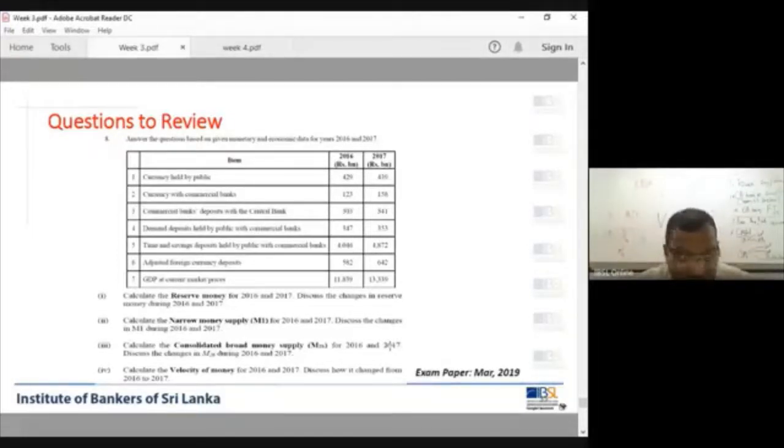Check your calculation again. I think GDP is 11,839. So let me check whether I get the right answer. 11,839 divided by 5,404, which means 2.2.